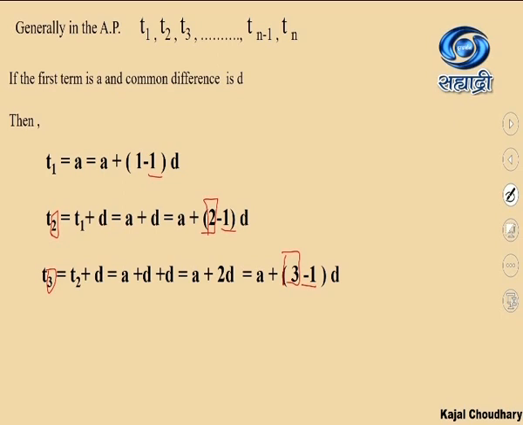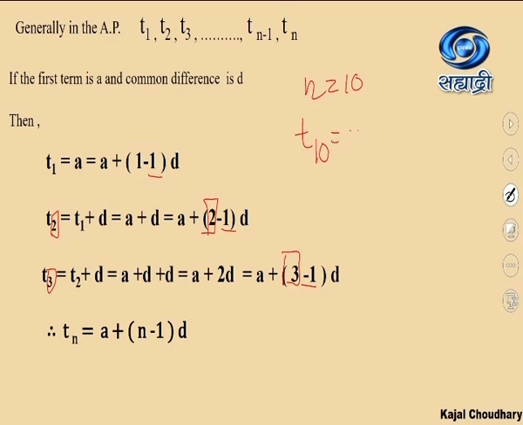Now, this is the first position, this is the second position, this is the third position term. So, n is equal to 2. Now, if you want to generalize it, what can you say? Tn can be equal to A plus n minus 1 D. For example, if I say your n is 10, then how will you write T10?